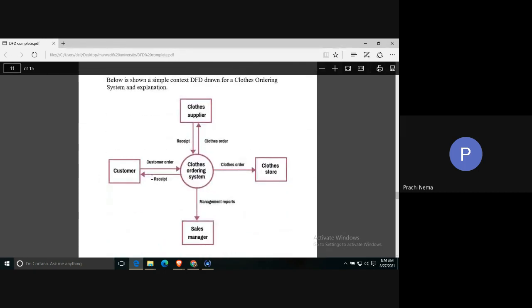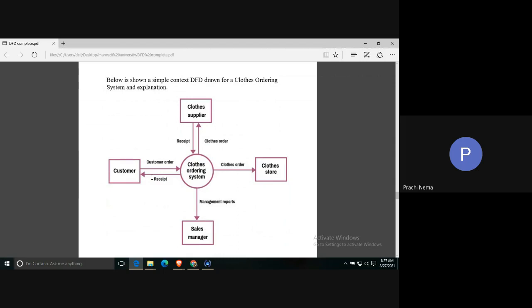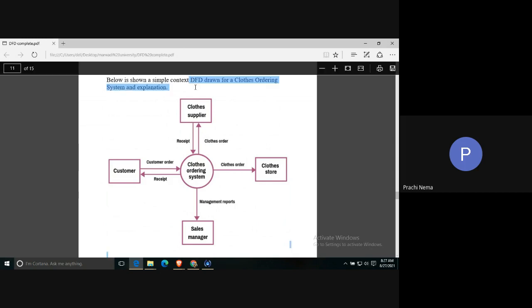Like you can see here, this is an example of level 0 DFD for a clothes ordering system. This is a DFD drawn for a clothes ordering system.